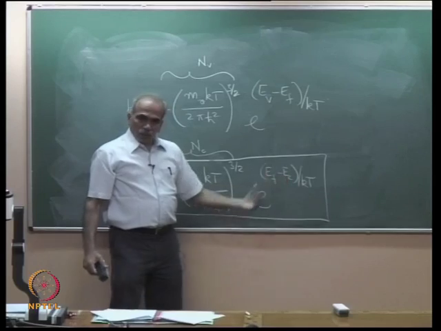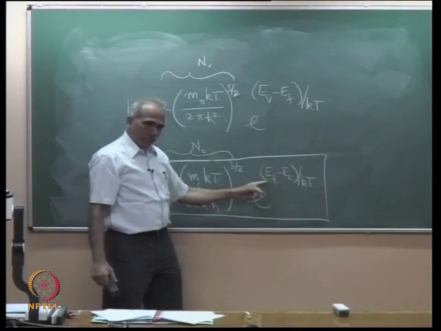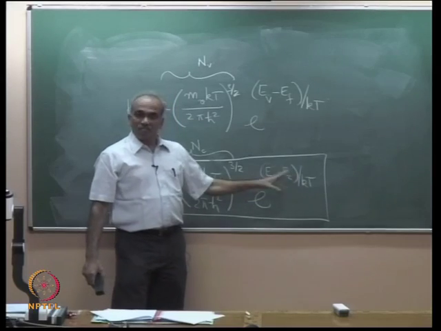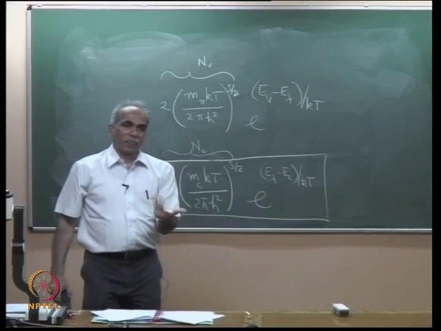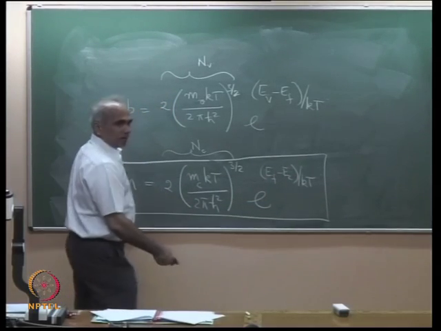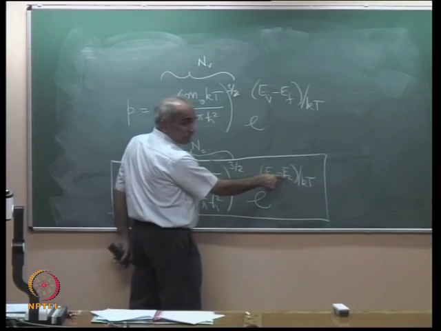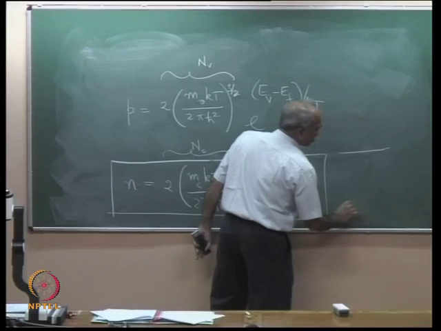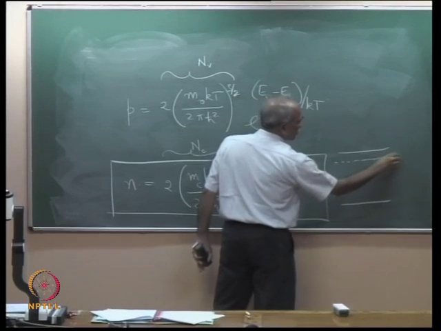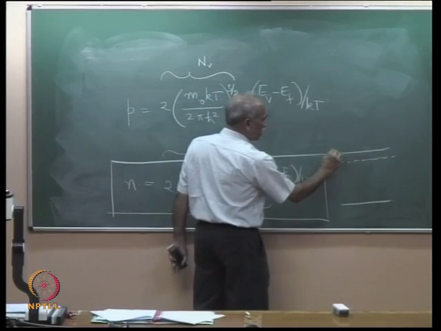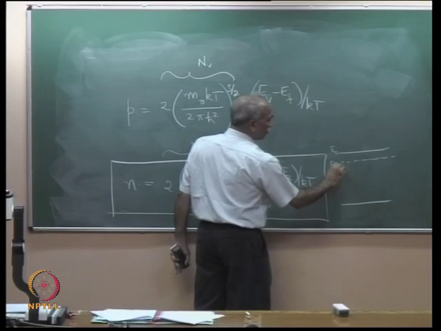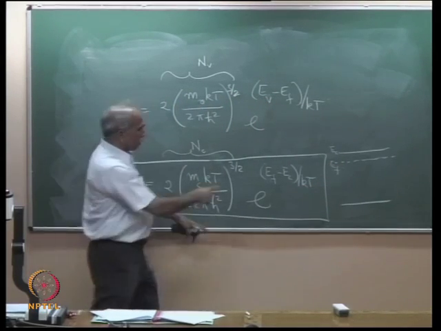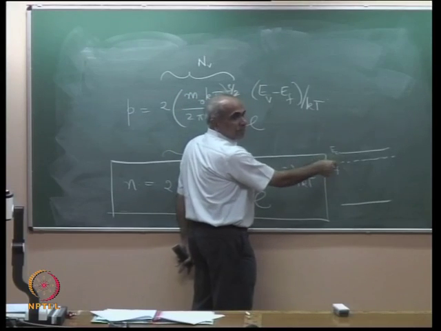Sometimes you get into a doubt whether it is EF minus EC or EC minus EF, maybe you have made a mistake. How do you verify? EF minus EC, so this is for the conduction band under Boltzmann approximation, which means my EF is somewhere here. This is EC, this is EF. So EF minus EC is negative.